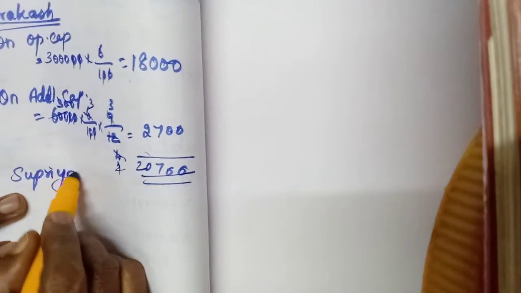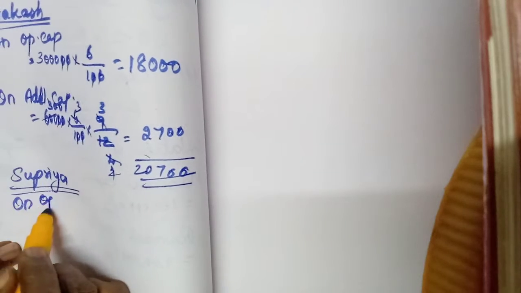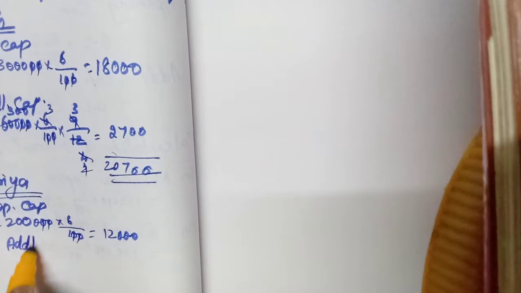Now we have to calculate for Supriya. On opening capital. What is the opening capital of Supriya? 2 lakh into 6 by 100. 2 6s are 12. Then 3 zeros. Then on additional capital. How much is Supriya introducing? 30,000.